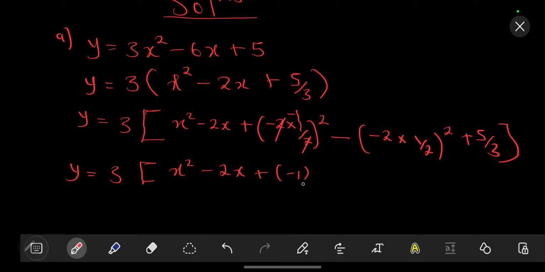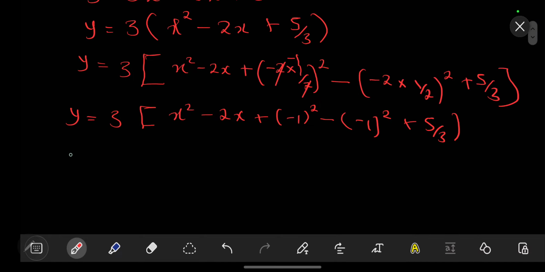So we have negative 1 squared minus negative 1 squared, then plus 5 over 3, like that. So we have y equals 3 open brackets. Now this part, we just discard it, just as we do in completing the square.